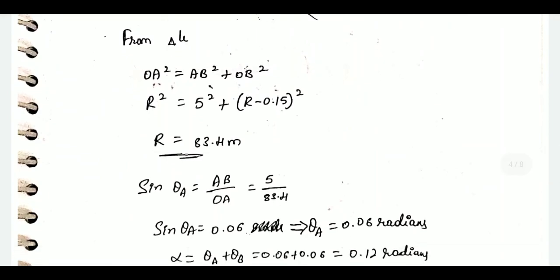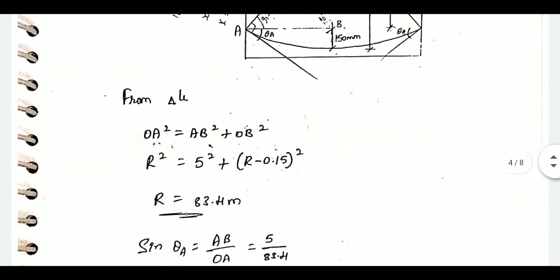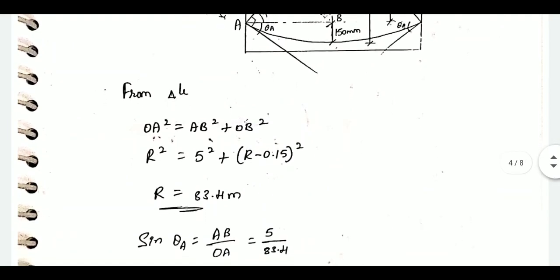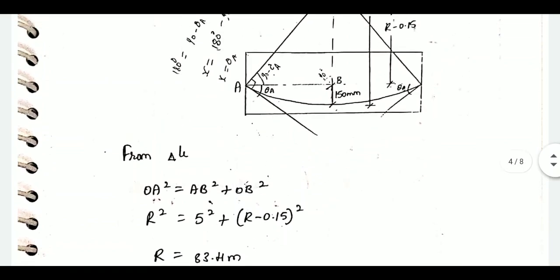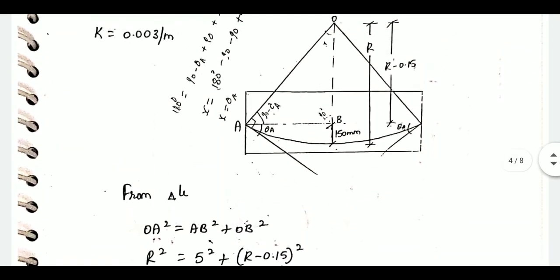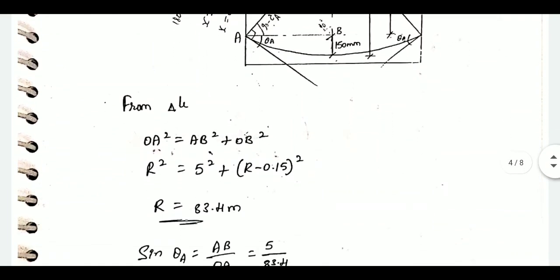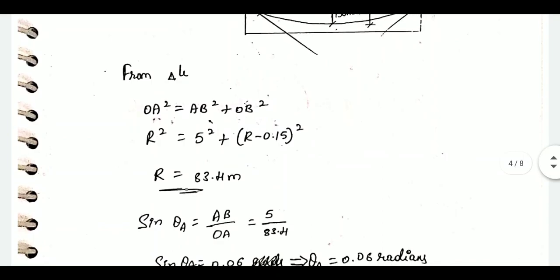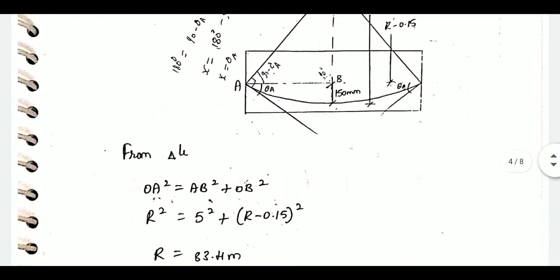So sin theta equals AB by OA, so we will get 0.06.